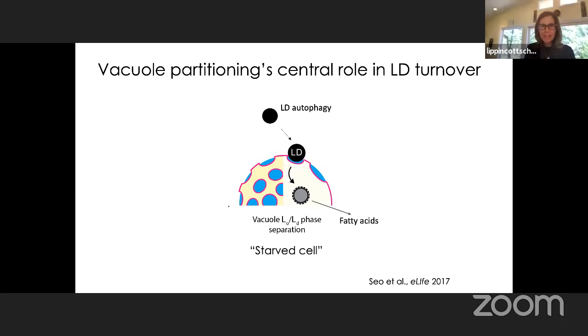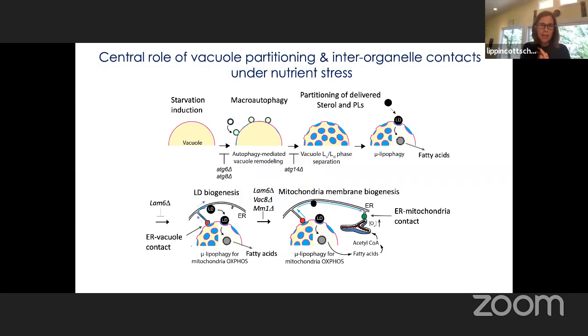So my last slide summarizes this, as well as some other interesting material that I haven't had time to talk about. It would take too much time, but I want to share it with you because I think it's really amazing in terms of how these partition domains are involved not only in sorting proteins to get the vacuole active and taking up lipid droplets, but we know that these partition domains are sites of organelle-organelle contact.